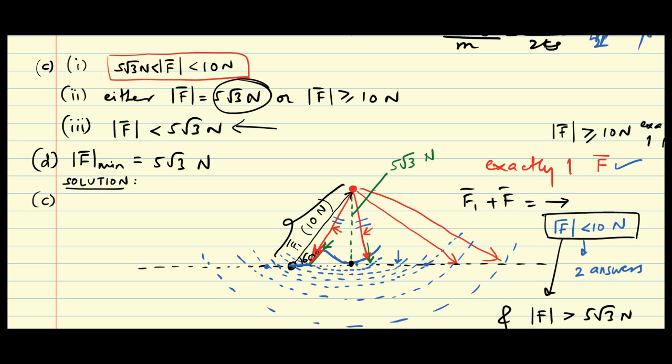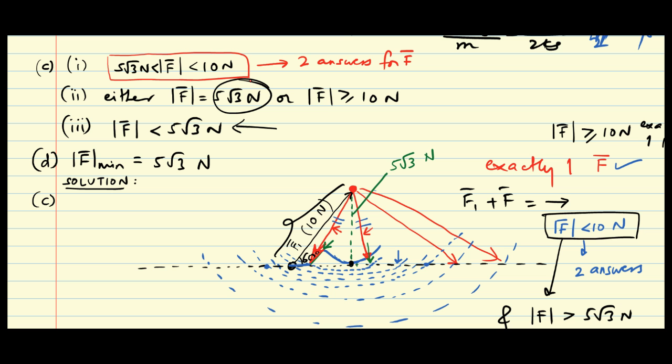So you see that if this particular condition is fulfilled, that is, 5√3 newtons is less than mod f bar is less than 10 newtons, then you get exactly two answers for mod f bar.